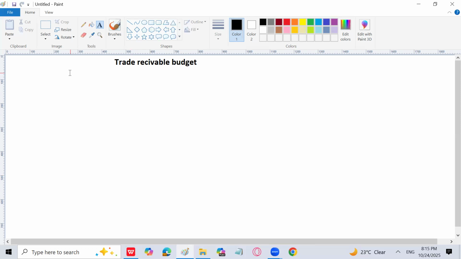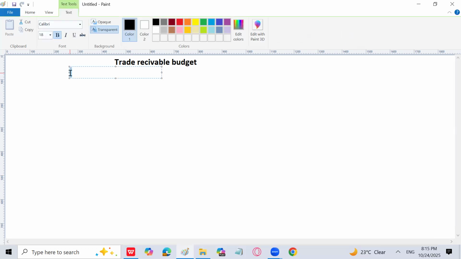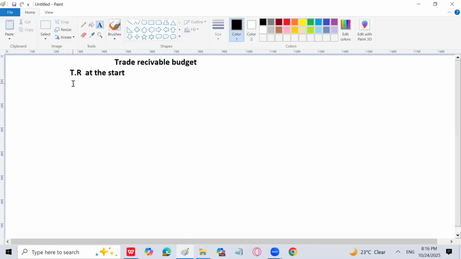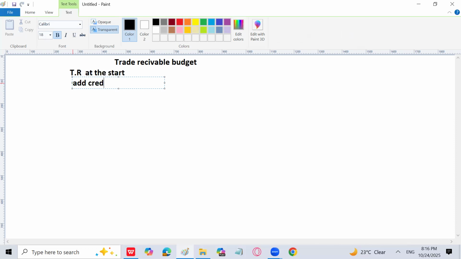So in the same manner, we are going to prepare the trade receivable budget, but it is going to be in the statement form. I'm going to write trade receivable at the start, then add credit sale. Then I will subtract less cash received from trade receivable, whatever it is going to be.